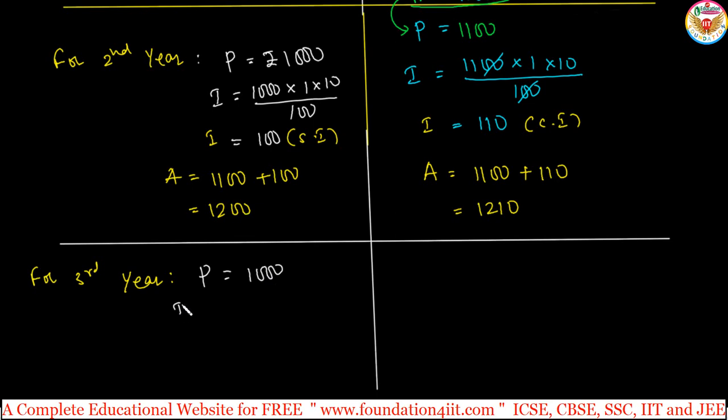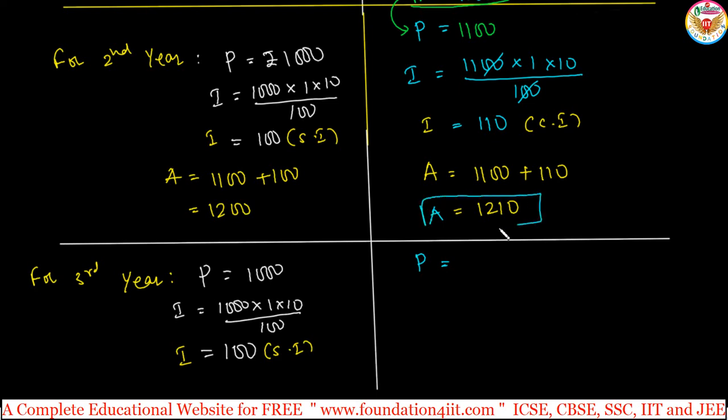So interest is again 1000 into 1 into 10 by 100, which equals 100. One thing you can notice: in simple interest, every year the interest will be the same. 100, 100, 100. But when you come to this side, P is the previous year's amount, 1210. That becomes the principal for the third year.